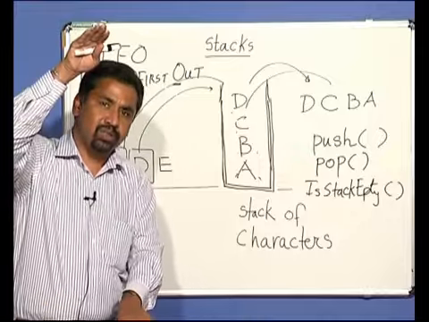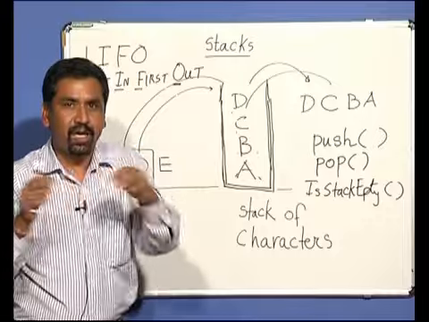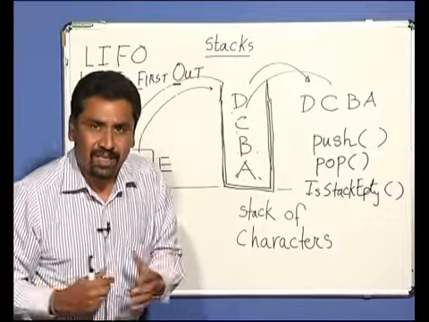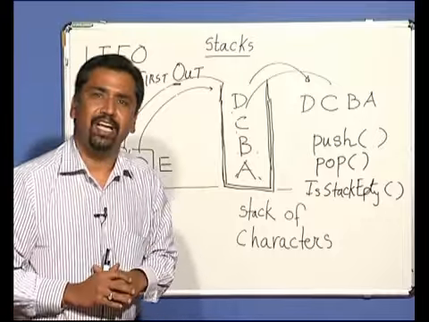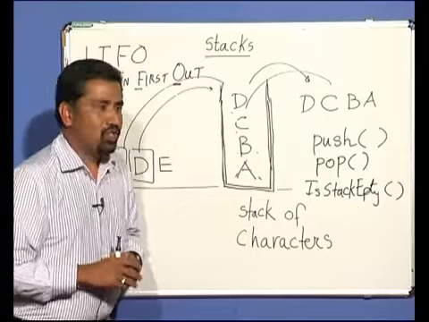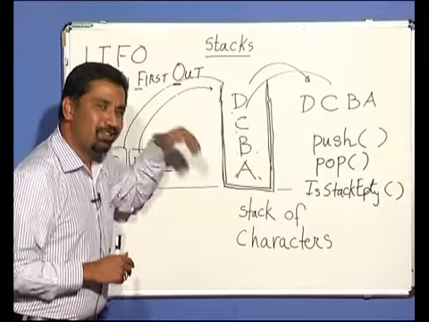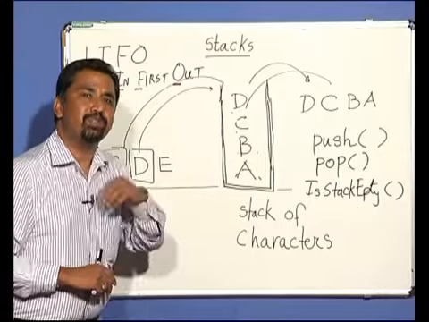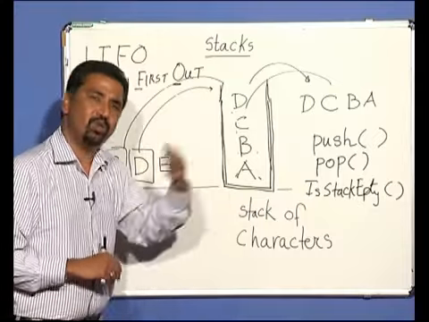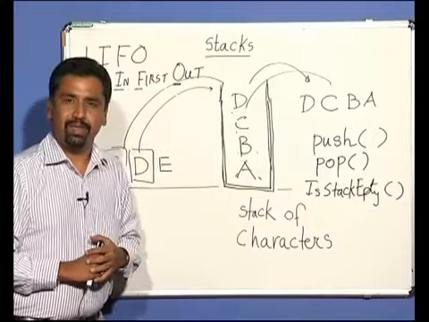As it grows and shrinks with pushing and popping, the stack data structure is dynamic in nature. And also because we are pushing things into the stack, it is also known as a push down structure, in addition to being called a last in first out structure.